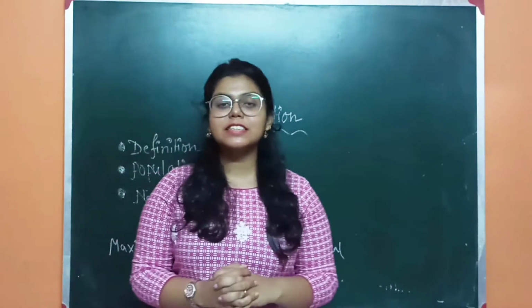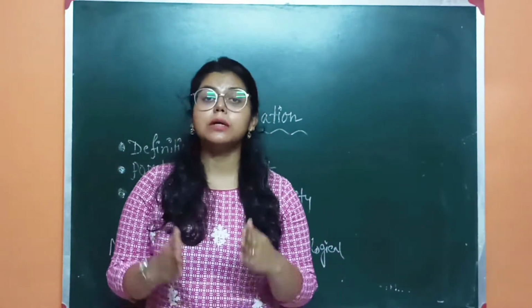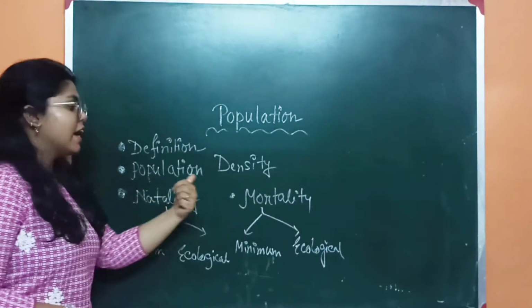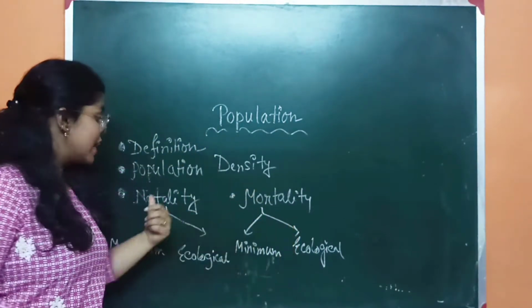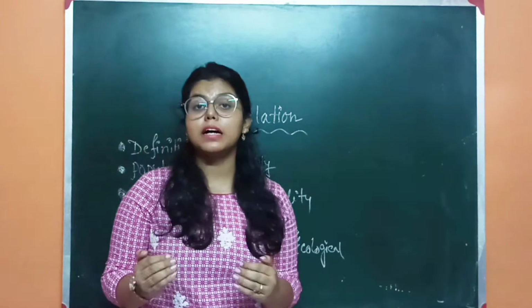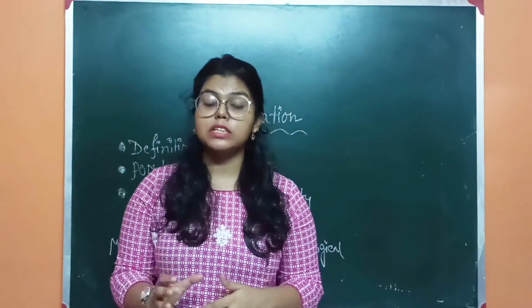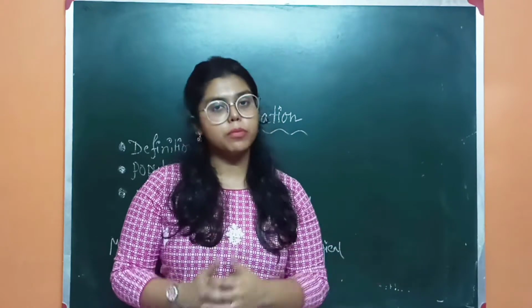The next is how we can calculate the population. There are two factors, one is natality and the other is mortality. Natality means the birth rate, that is, the total number of individuals produced in a population.